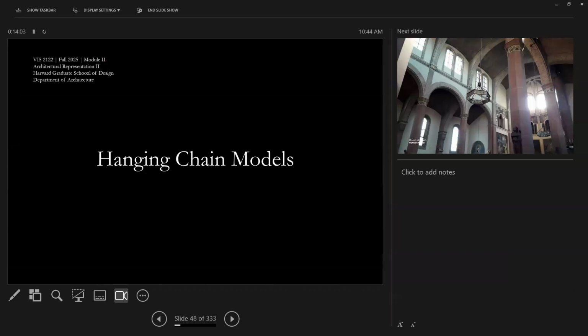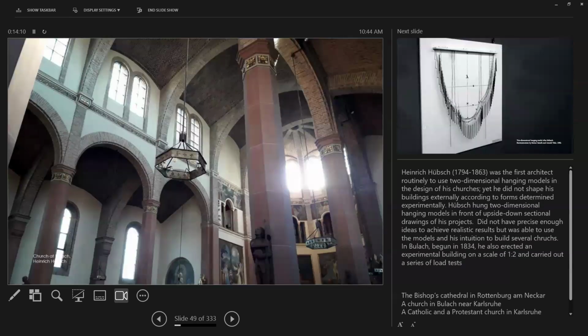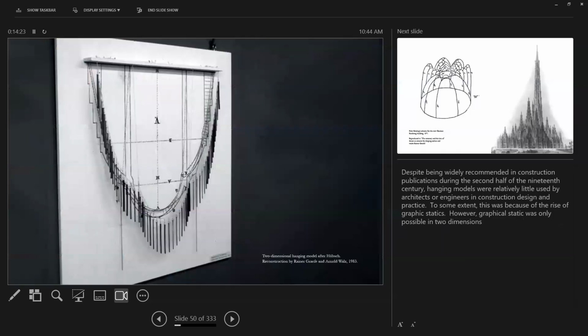There's this whole history that people always bring up of the hanging chain model. The first one that I know of was by this guy Heinrich Hubisch. He did these churches, but he only made two-dimensional ones.